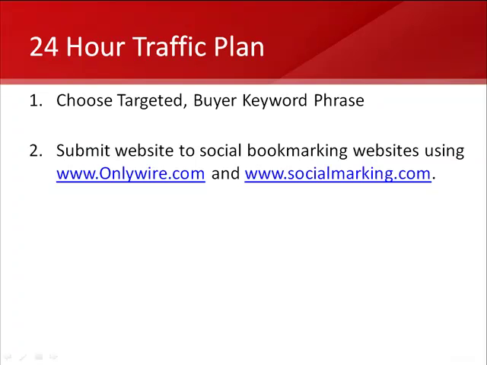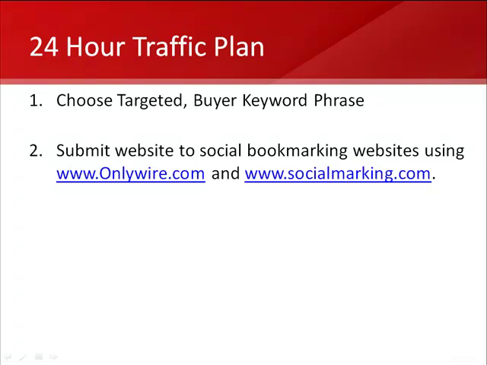Using a tool called onlywire.com, it will automatically submit your website to about 20 social bookmarking websites at one time. I'm going to show you how to set up that account at onlywire.com in an upcoming video. The same goes for socialmarking.com, which is similar to OnlyWire.